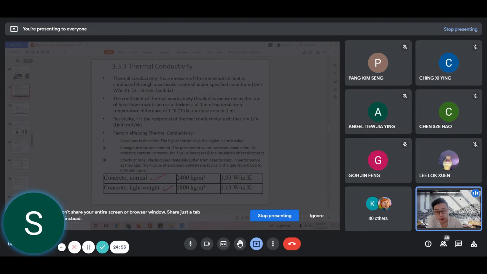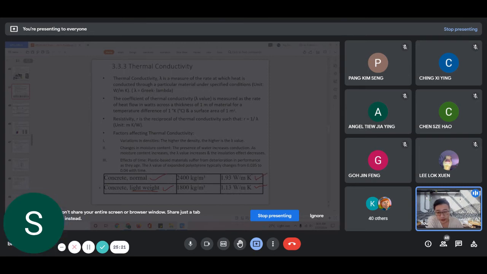Because the normal concrete is denser as opposed to a light density concrete, it is lightweight. So that's why it has lower density. Then it has a lower thermal conductivity, meaning it doesn't conduct heat so well because it's lower density.